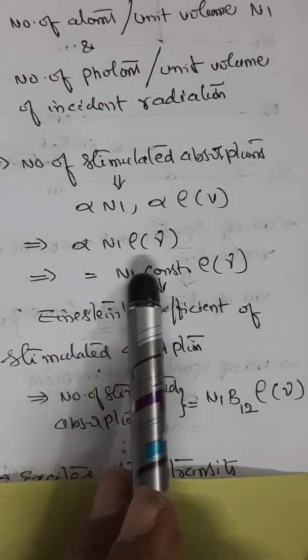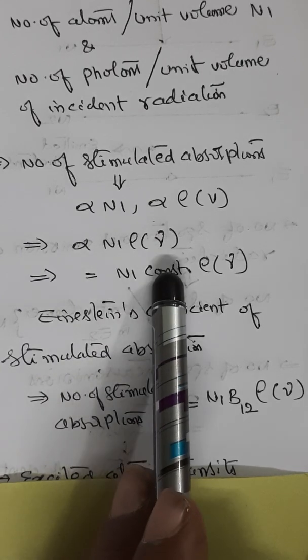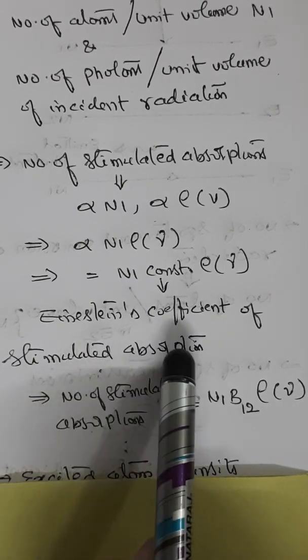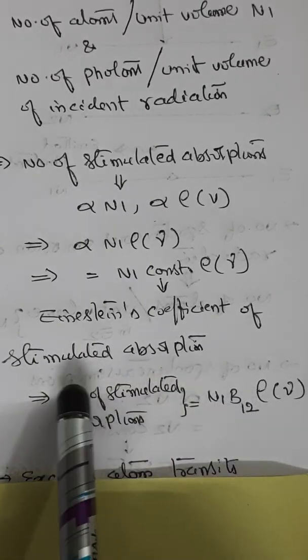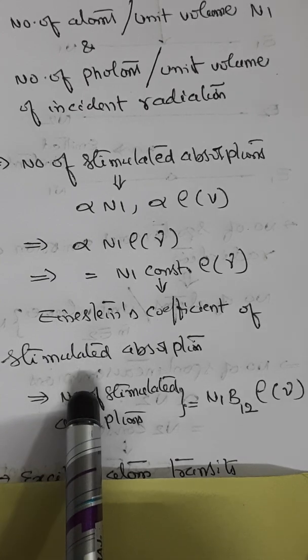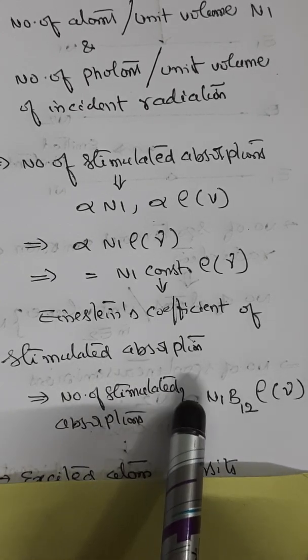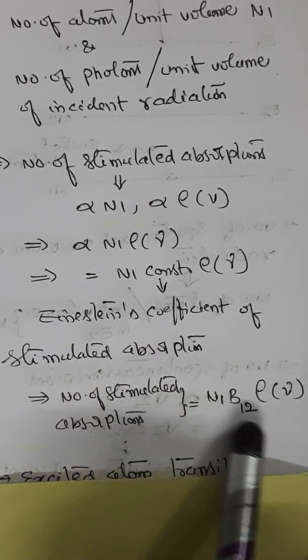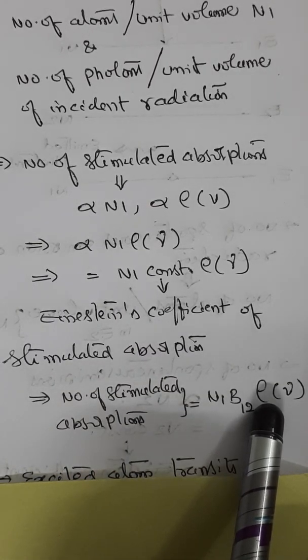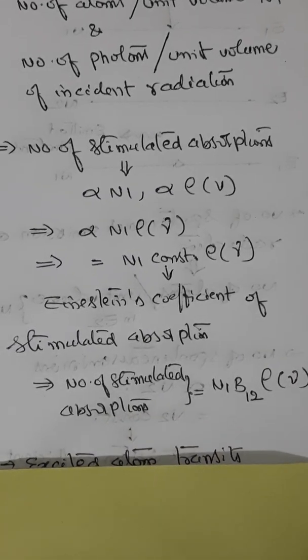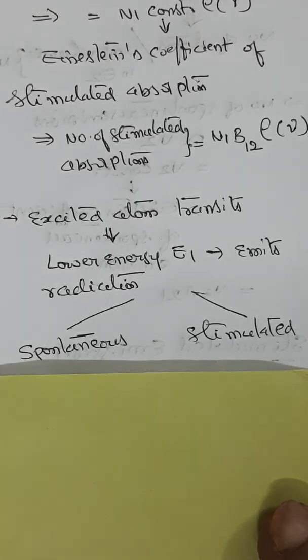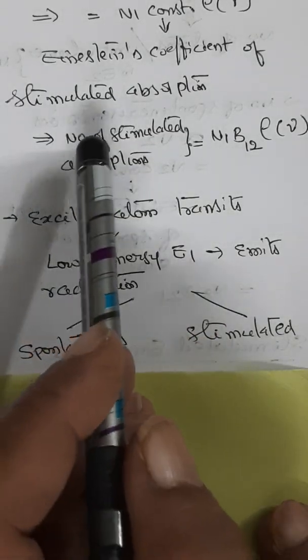So in the equation N1 into constant into rho nu, where the constant is replaced by the Einstein coefficient of stimulated absorption B12, the number of stimulated absorptions is equal to N1 into B12 into rho nu. This is what you have to understand. Here, B12 is nothing but the Einstein coefficient of stimulated absorption. That means what happened? The photon energy is absorbed.